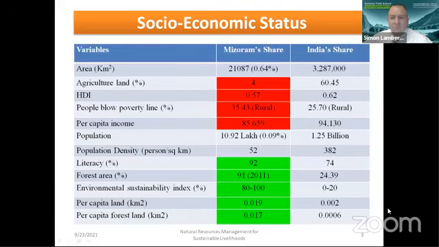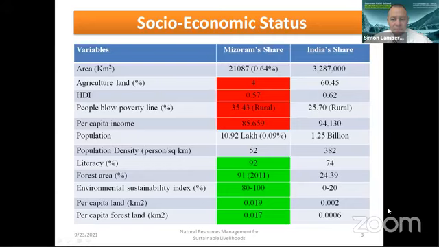Literacy rate is very high, and this area is the second largest in terms of literacy. Also forest area is 91% according to 2011 data. Now there is some decrease in forest area, but it is a very huge forest area in this region.